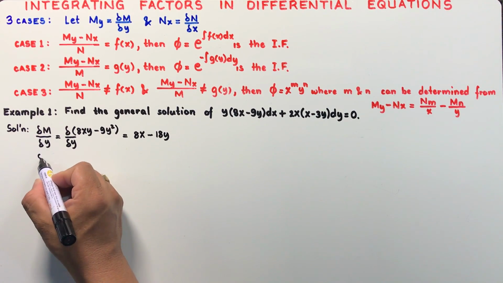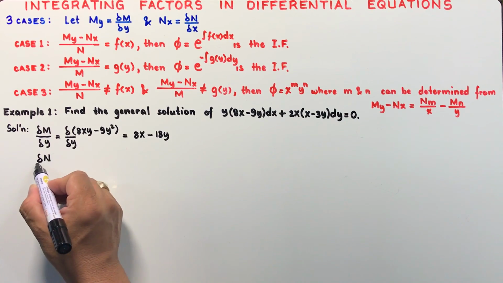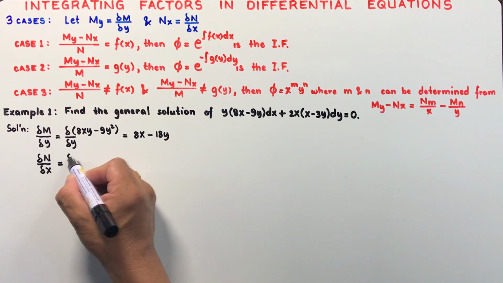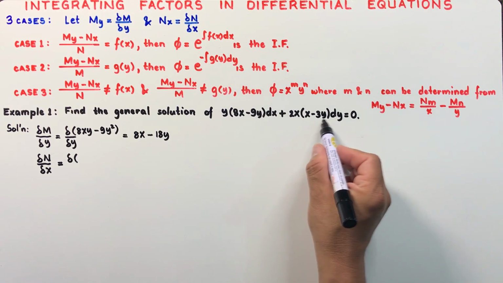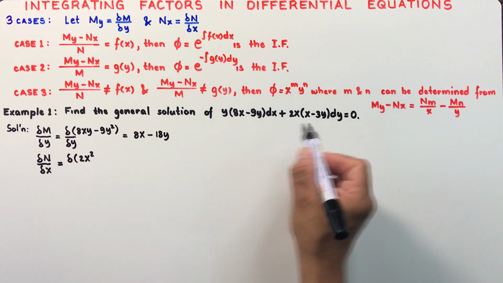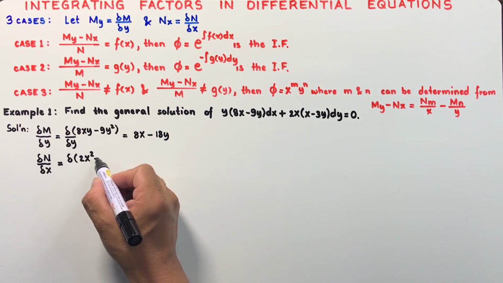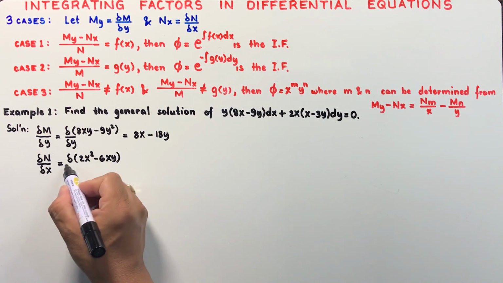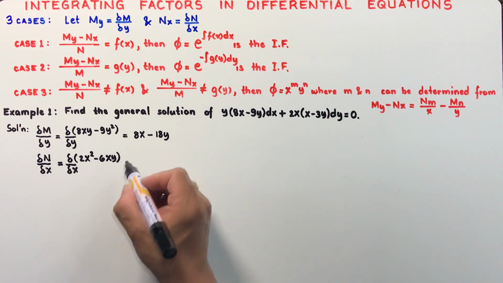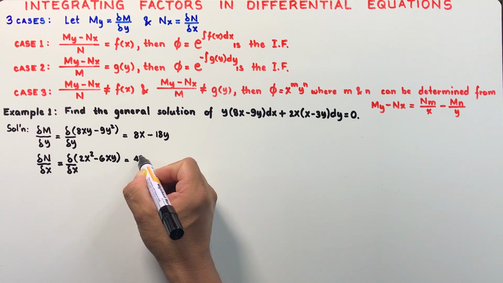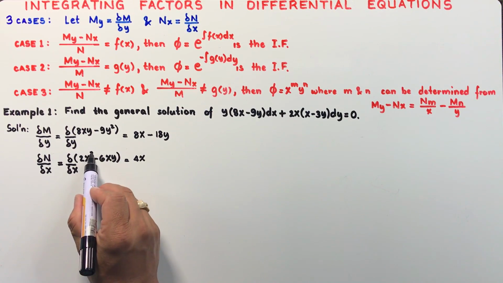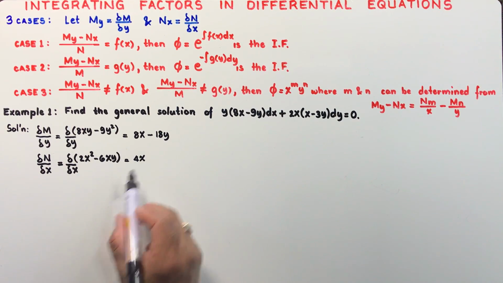Also, we need to find the partial derivative of N with respect to x. We know that our N is the multiplier of dy. So we have 2x squared and minus 6xy. Taking the partial derivative with respect to x, we have 4x, because the partial derivative of 2x squared with respect to x is 4x using the power rule.